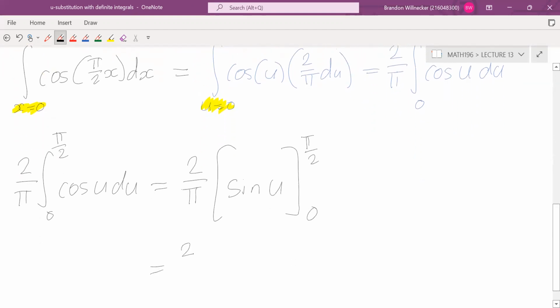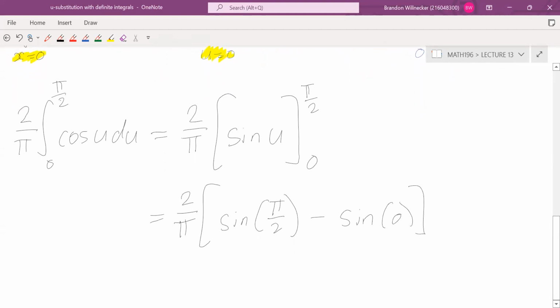So this is going to become 2 over pi. We evaluate the antiderivative at the upper bound, so we're going to have sine of pi over 2, minus the antiderivative at the lower bound, so sine of 0.